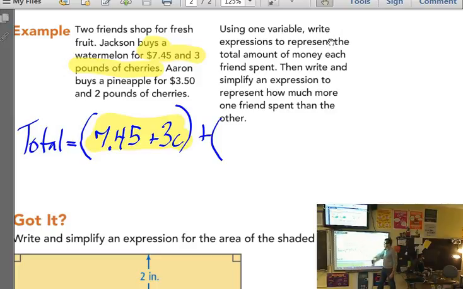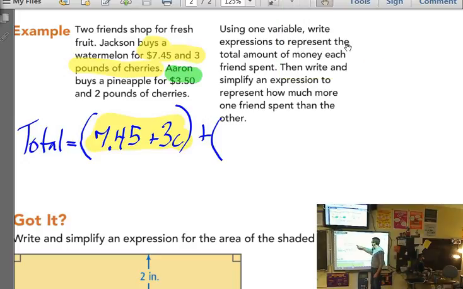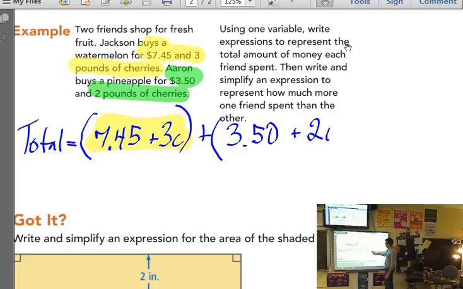Then also, we add, Aaron bought some stuff. Grace, what's Aaron buying? Aaron buys a pineapple for $3.50. Yeah, so he spends $3.50 plus 2C, whatever the cherries cost.